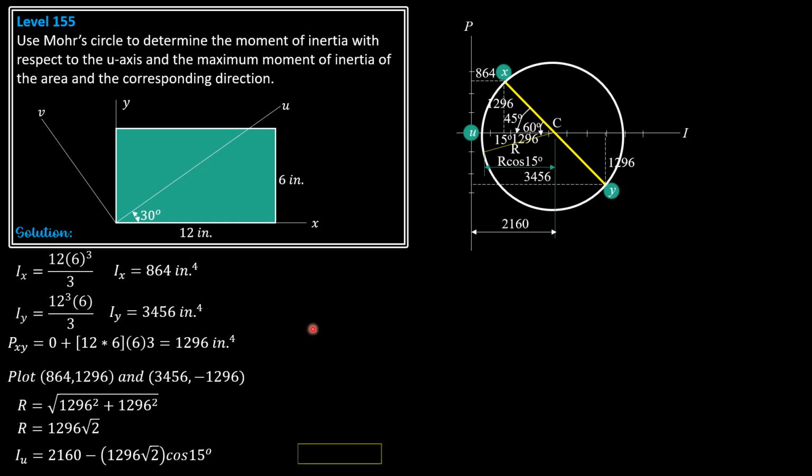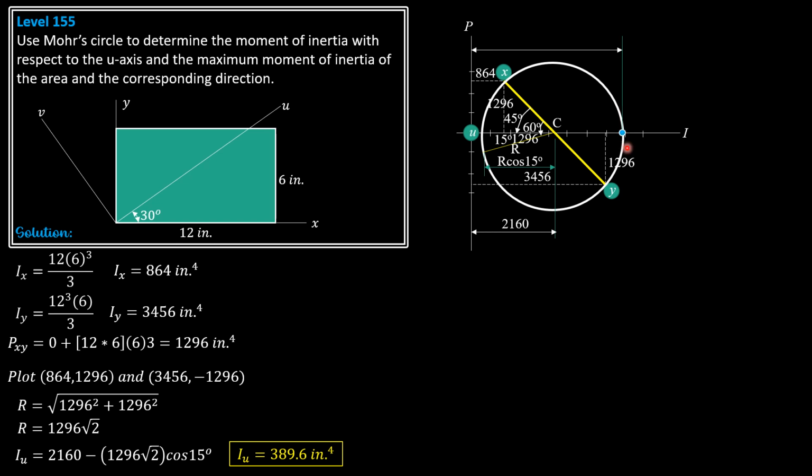So I sub u can now be computed. It is equal to 389.6 as before, inches to the fourth. Then for the maximum, it is center plus radius. Center plus radius gives the maximum moment of inertia.